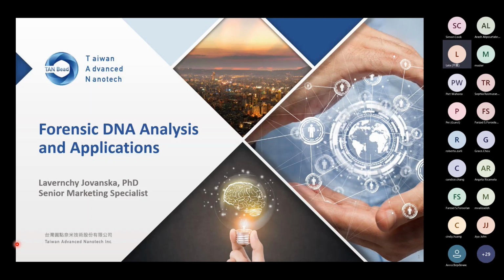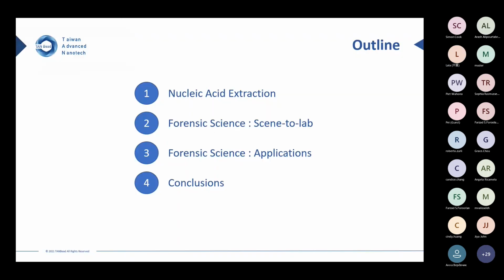And today in this webinar, we will be discussing forensic DNA analysis and applications. This webinar will be comprised of 4 parts. The first part is nucleic acid extraction, and from the second part, we will be focusing on forensic science, specifically the scene to lab process.